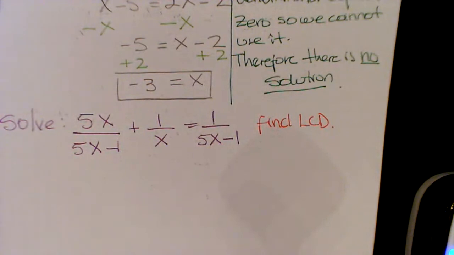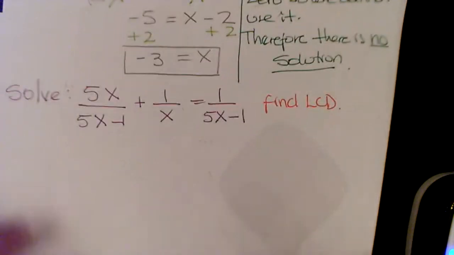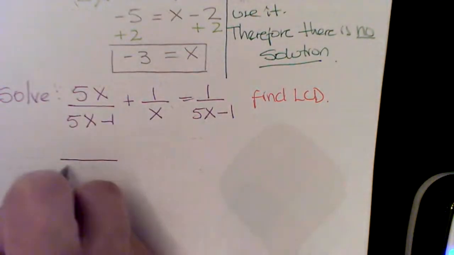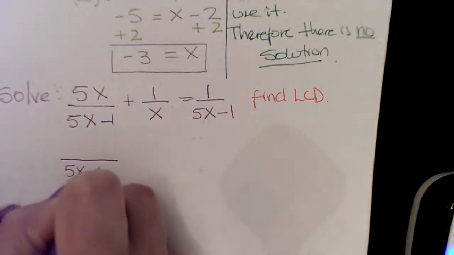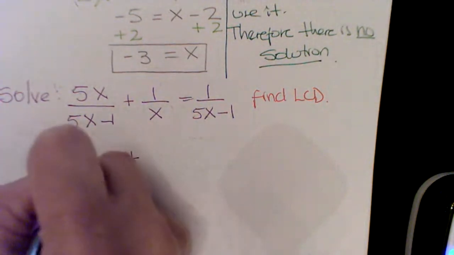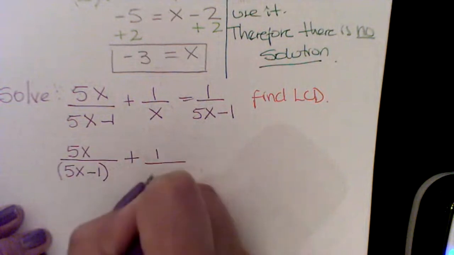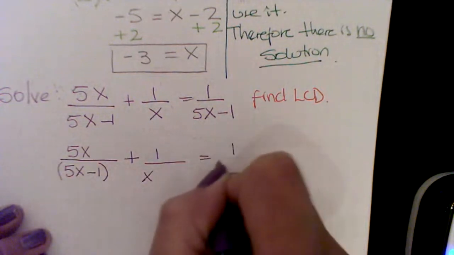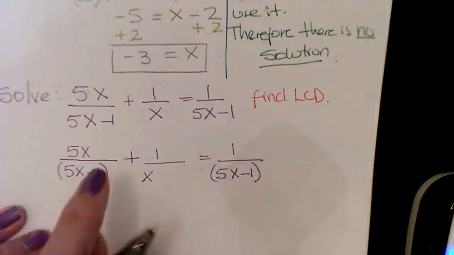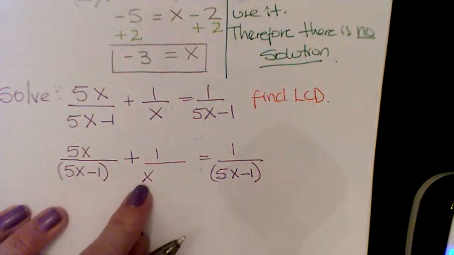And so then, what I have is 5x minus 1. Okay, so what am I missing on this one?